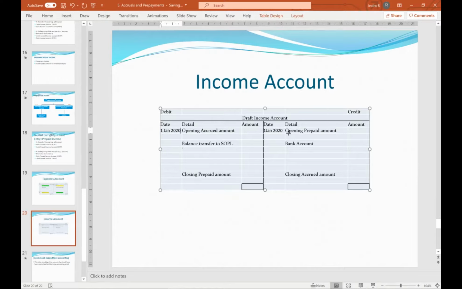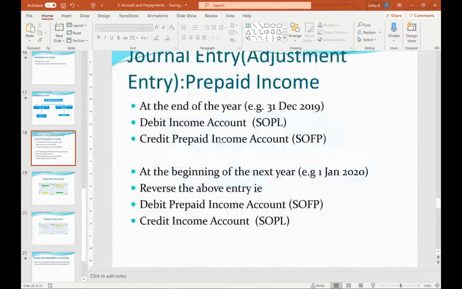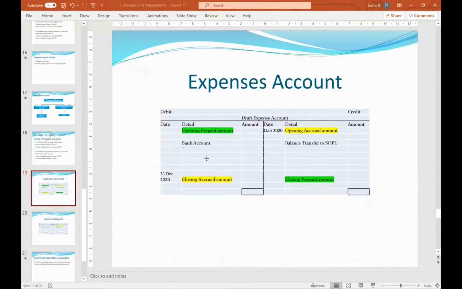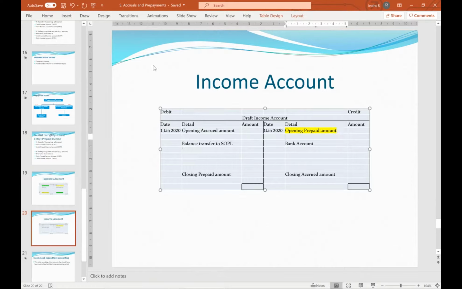So either this will be there. Now see, here is a prepaid expense, prepaid amount. Okay, for simplicity, accrued is in yellow. So here accrued is in yellow and this prepaid is in green.